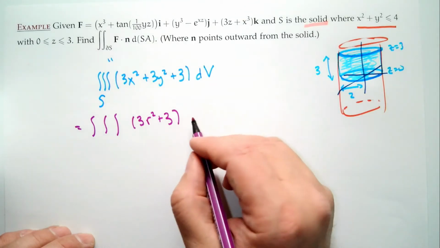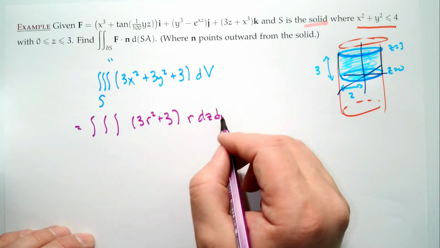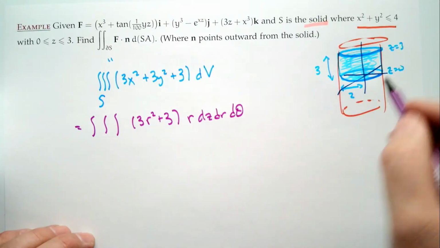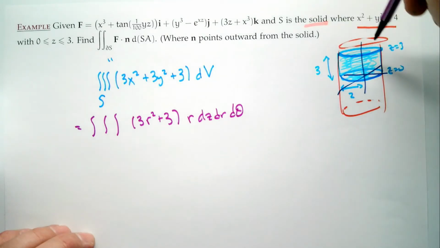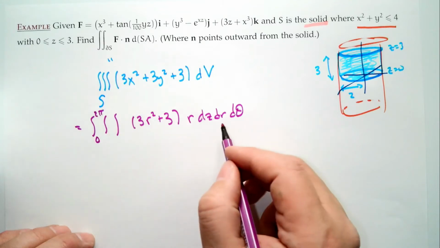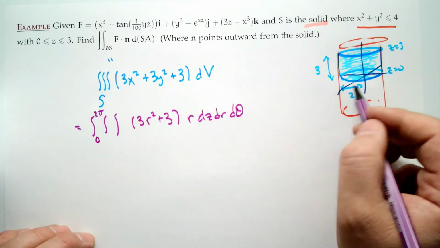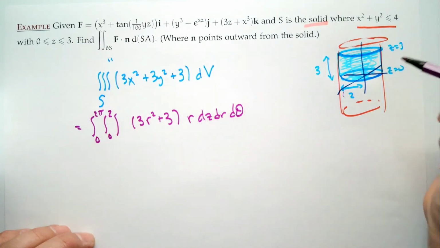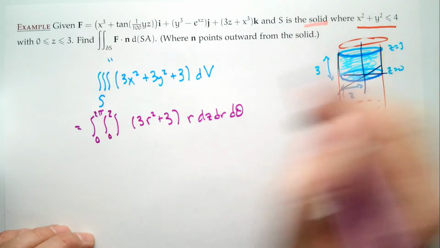Cylindrical coordinates, dV is r dz dr d theta. And now we look at the picture. Theta, that's how much we spin around. In this case, we spin all the way around, so 0 to 2 pi. r is how far out we go. That's the radius, so that's 0 to 2. And z went from 0 to 3.